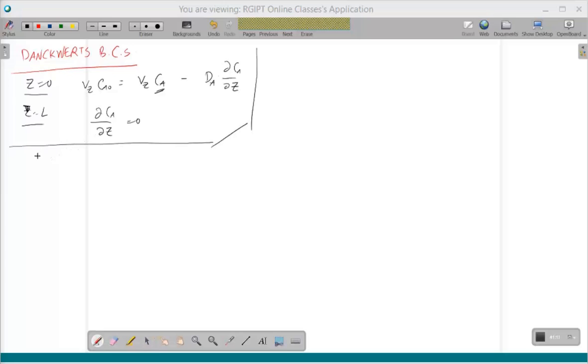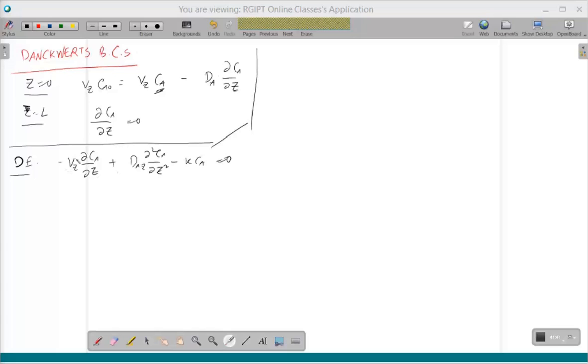equation as well. The diffusion equation here is Vz dCa/dZ plus Daz d²Ca/dZ² minus kCa equals 0. So four constants. There are four things appearing in our problem: Vz, Ca naught, Daz, and k.